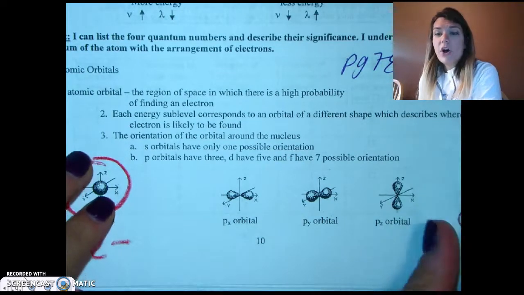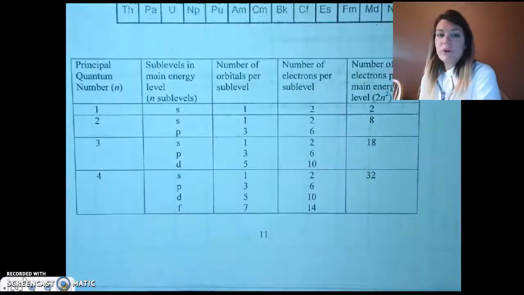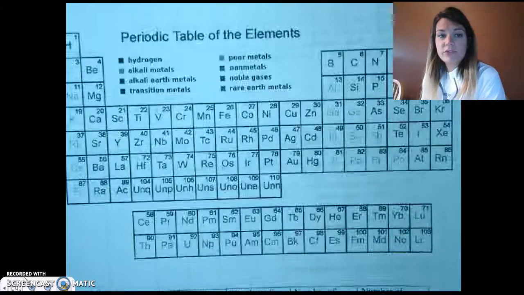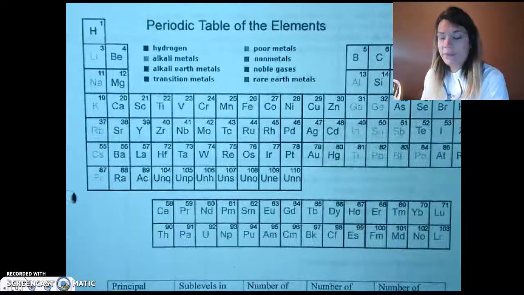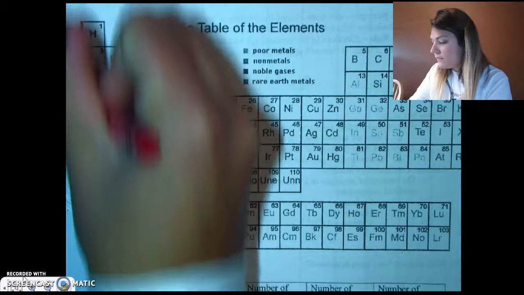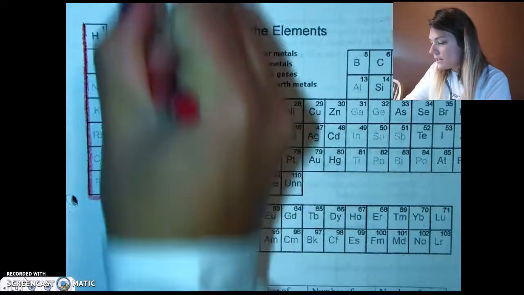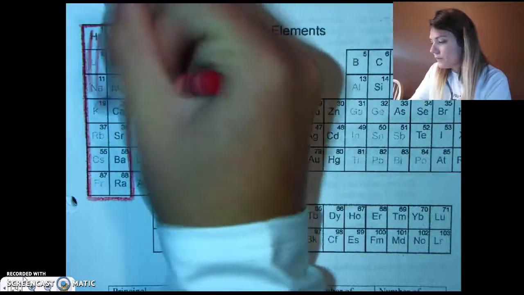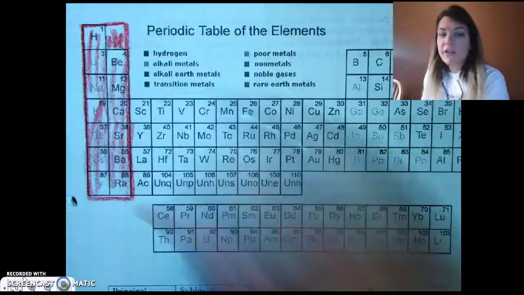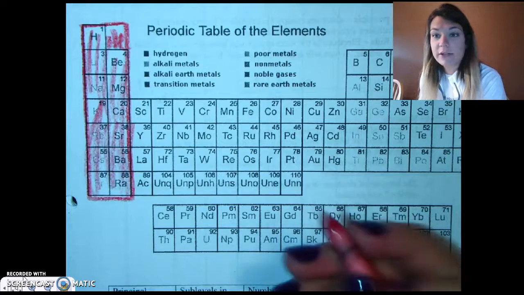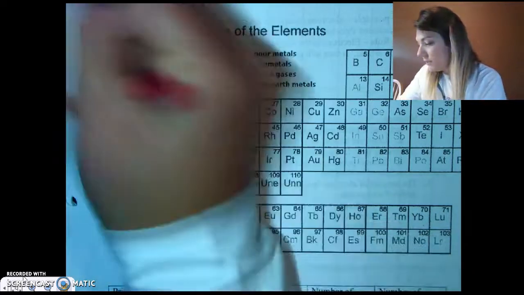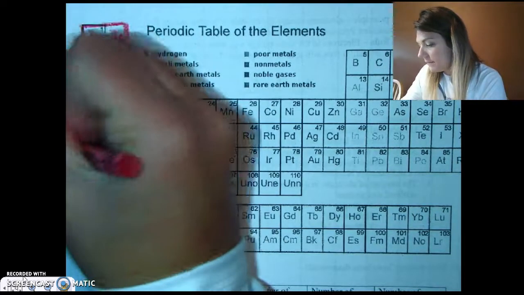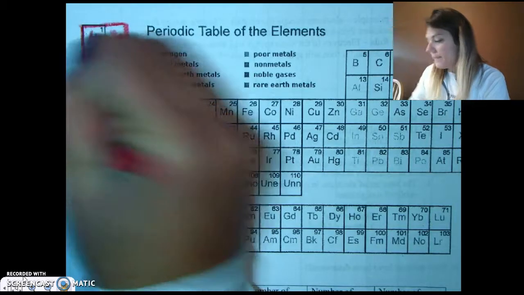We're going to call these first 2 rows here, on the next page of your notes, the s block. All of the atoms within this s block, including helium, are where the s electrons or the s orbitals are located.